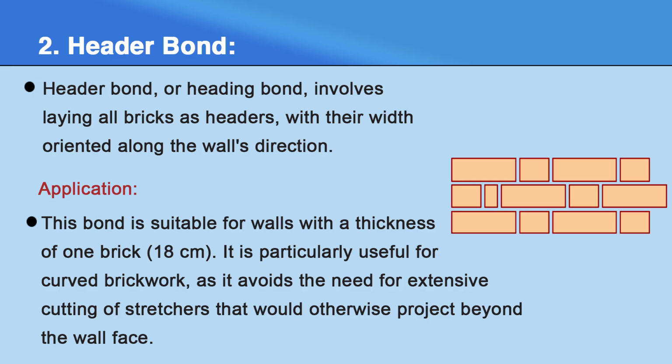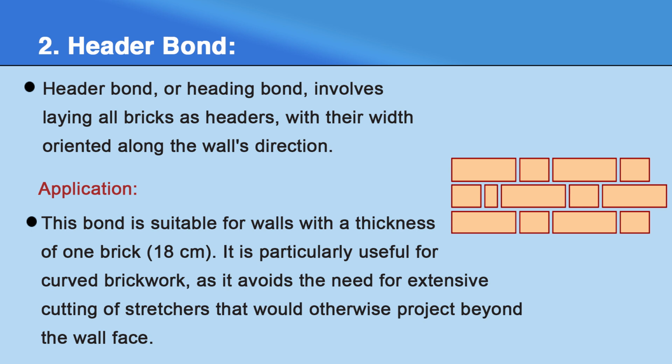This will otherwise provide a protruding portion beyond the wall's curvature. So, this one results in a smoother, more uniform finish in case of the curved walls. Footings. This bond is also used in the construction of footings.